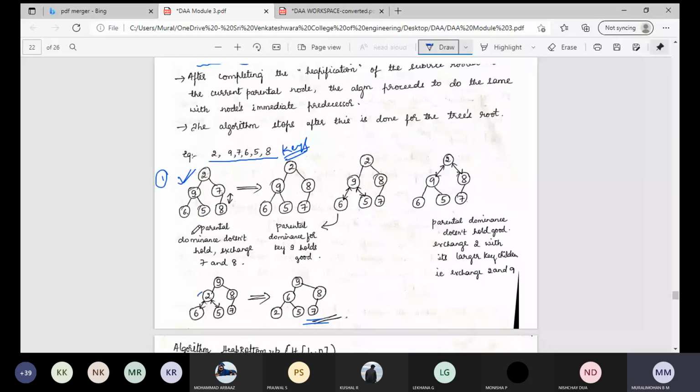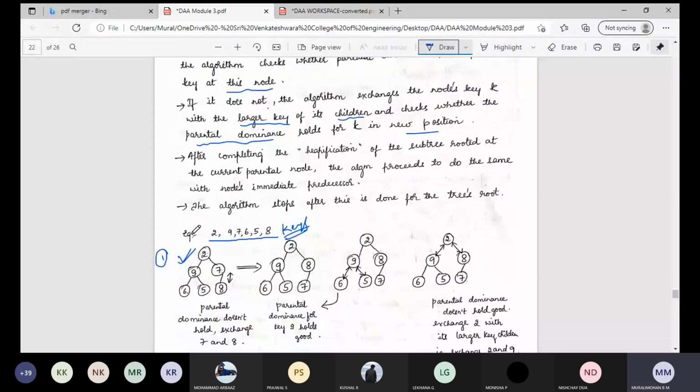After completing the heapification of the subtree rooted at the current parental node, the algorithm proceeds to do the same with the node's immediate predecessor. Once it is finished, the algorithm stops after this is done for the tree's root node. I hope you understood now, right?